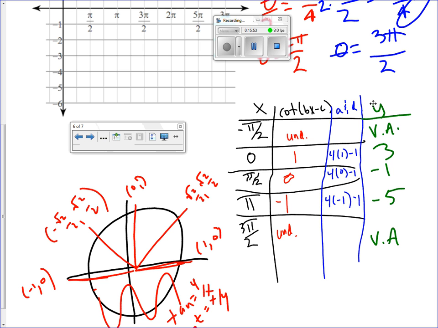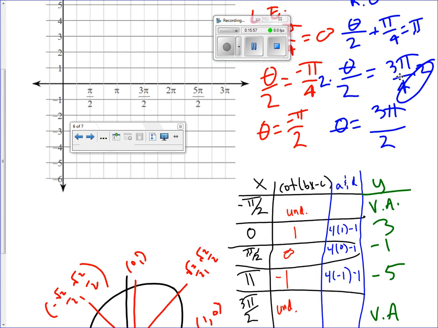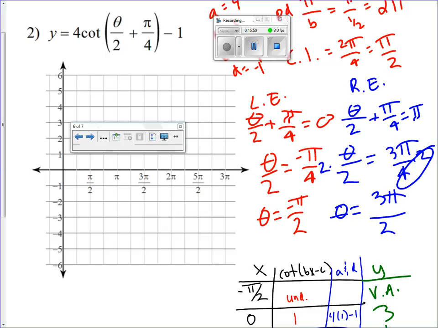So lastly, I'm finally ready to graph this thing. So at -π/2, I would have a vertical asymptote. Notice that that would be 2 tick marks. I've got one here, so I kind of need to go off just by one more to put my vertical asymptote. And then at 0, I'm at 3.